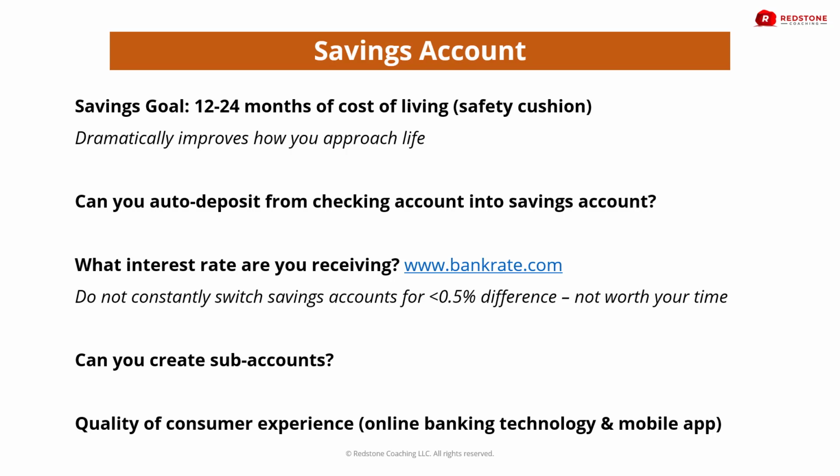I include this at the end, but my 3 personal favorites in terms of savings accounts are Marcus by Goldman Sachs, which I personally use, and then I've also heard 2 other phenomenal savings institutions are Capital One as well as Ally Bank. Those are the 3 that I have done research on and know that they're good.